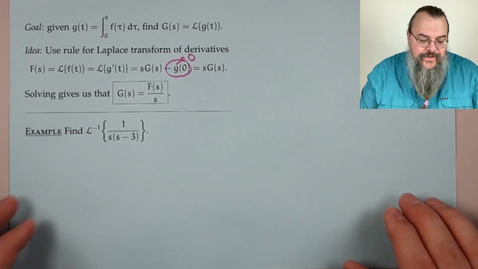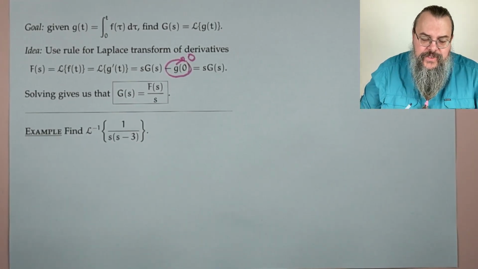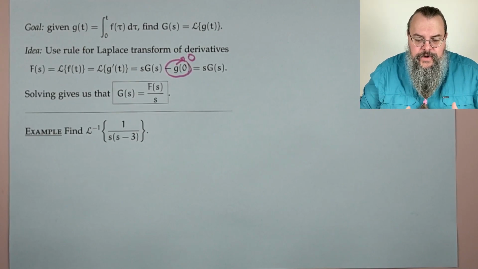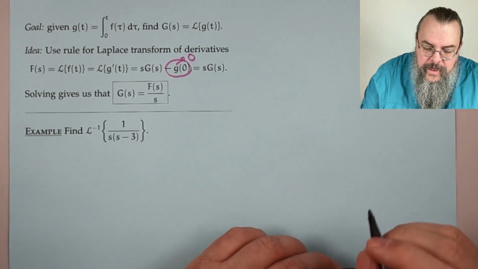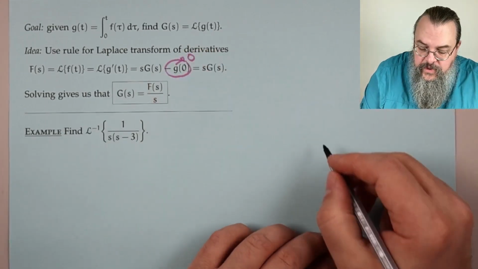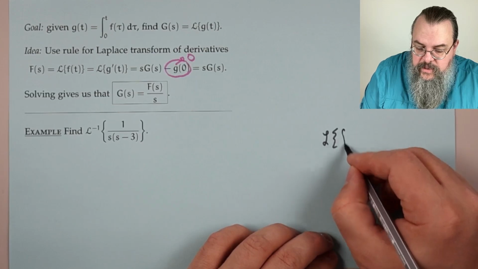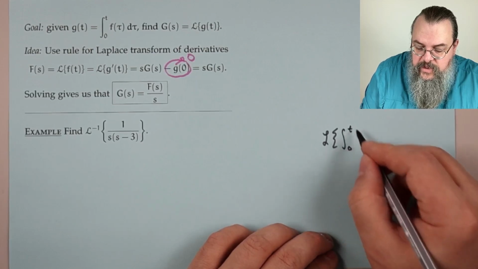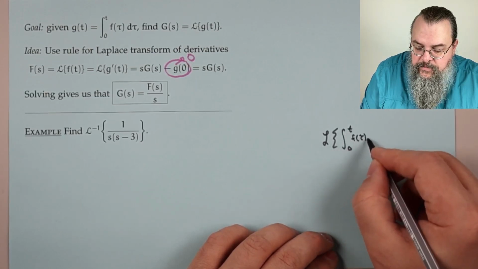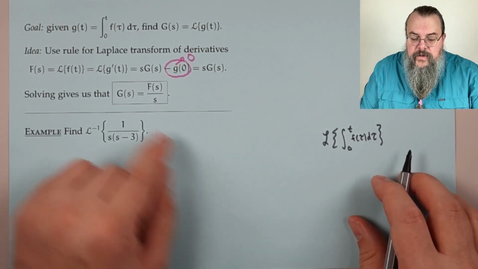All right, so let's write this in a slightly different way. Let's just say, what's going on here? What is G? Well, it's the Laplace of g of t. So we could say the Laplace of the integral from 0 to t of f of tau d tau. Okay, so that's our G of s.